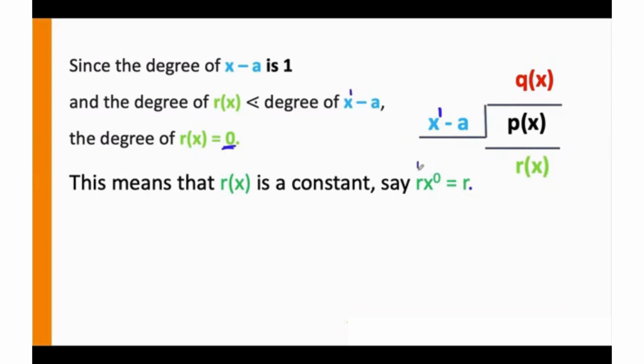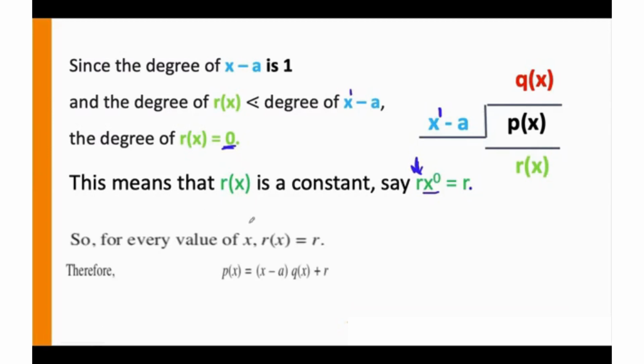Let us say that it's r. Let's take the constant as r, and the variable will have a degree of 0 with it. If anything has a degree of 0, it becomes 1. So x raised to 0 will always be 1, and r will always remain r into 1, which is r. So for every value of x, we will have r of x as r.